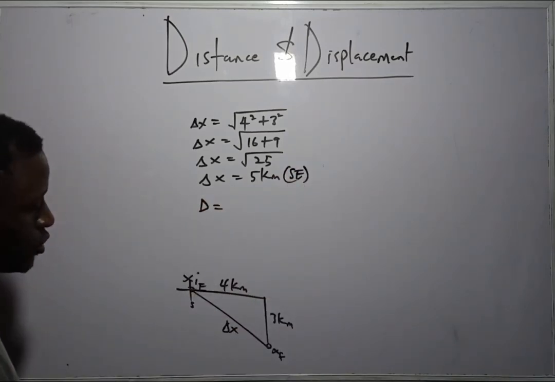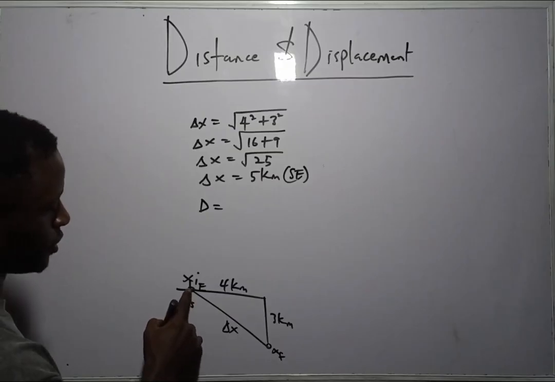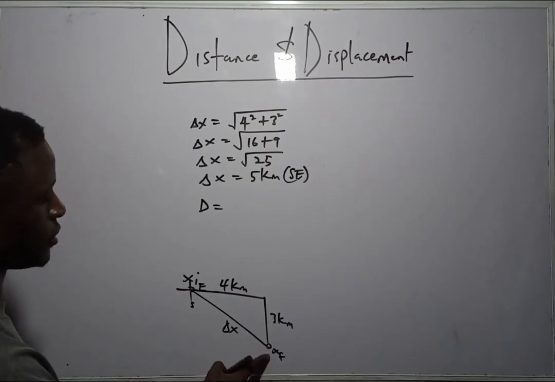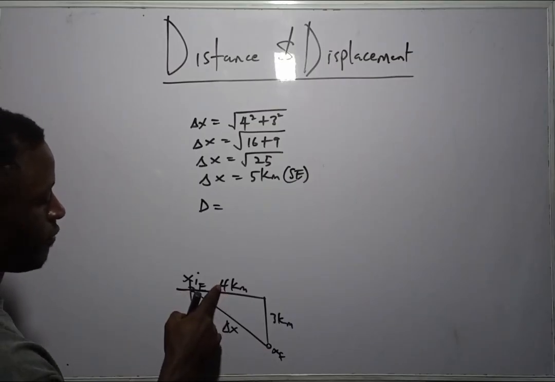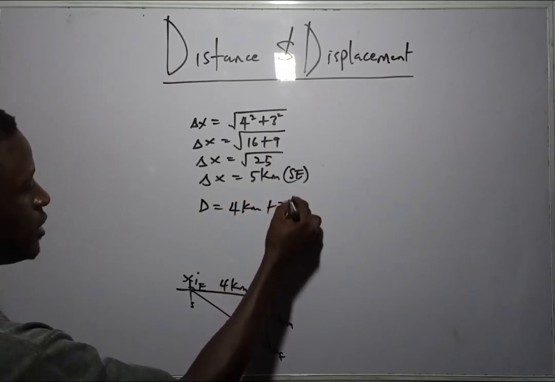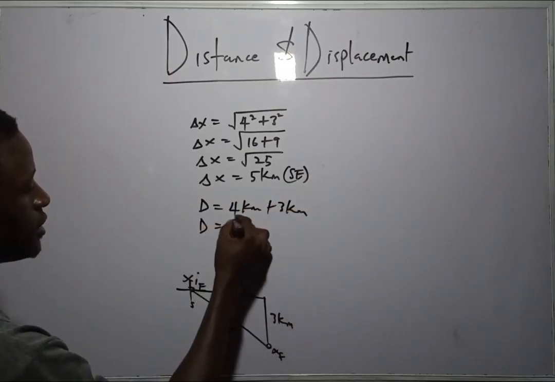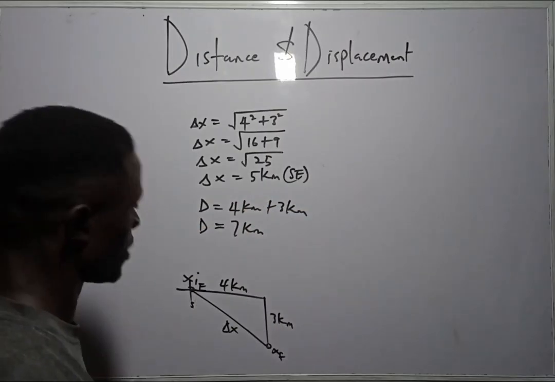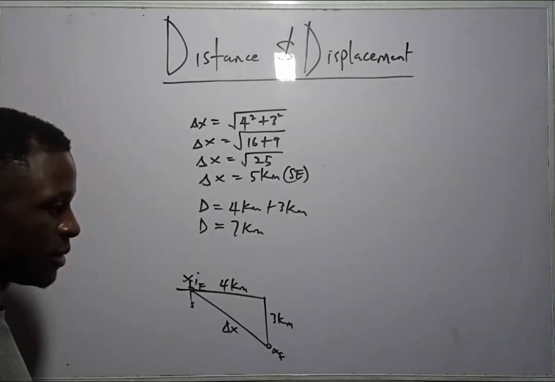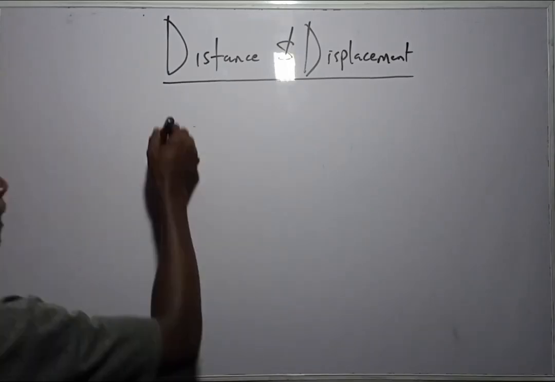The distance is going to be the total distance covered from the starting point to the final position, which is just 4 kilometers plus 3 kilometers. Distance is now 7 kilometers. So that's how you can distinguish between distance and displacement, and how you can calculate it.